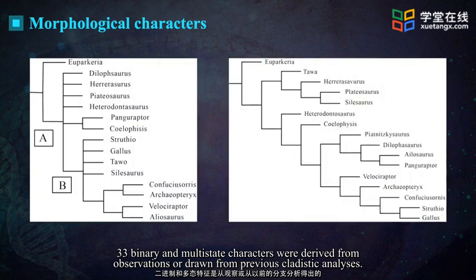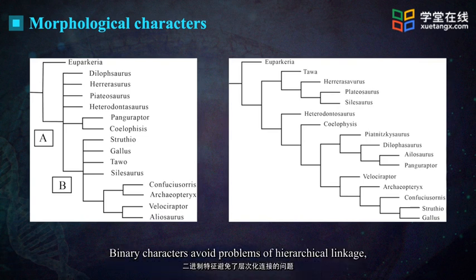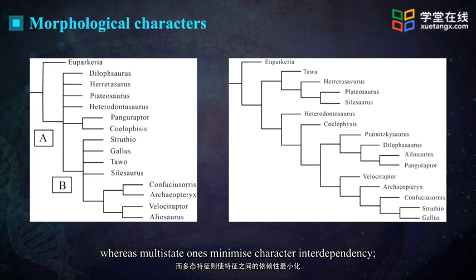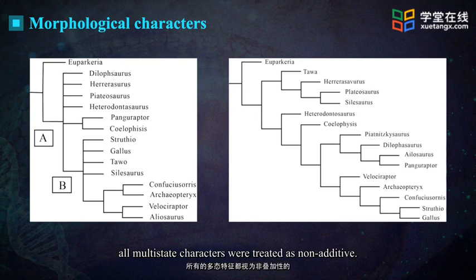33 binary and multi-state characters were derived from observations or drawn from previous cladistic analysis. Binary characters avoid problems of hierarchical linkage, whereas multi-state ones minimize character interdependency. All multi-state characters were treated as non-additive.